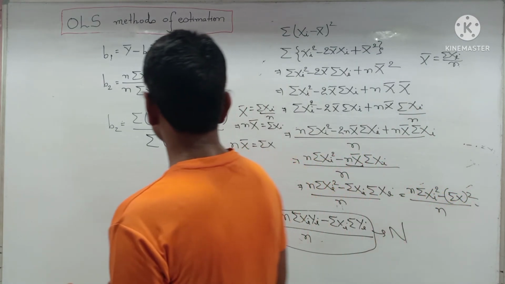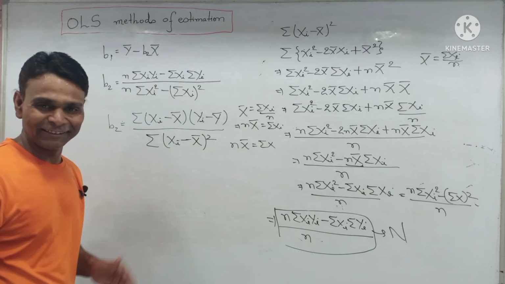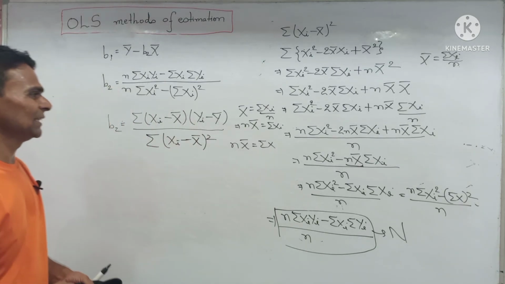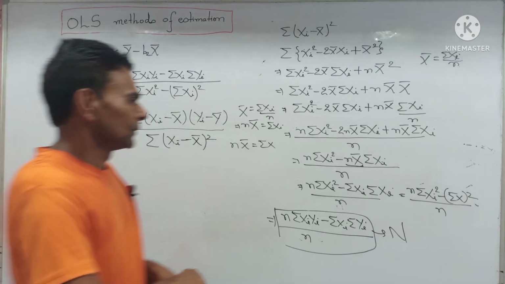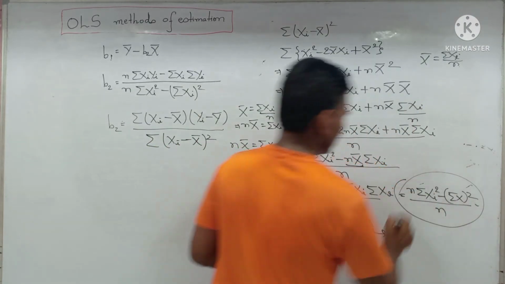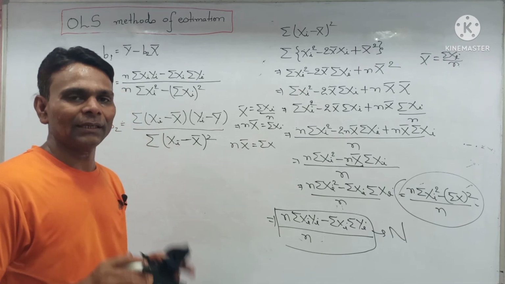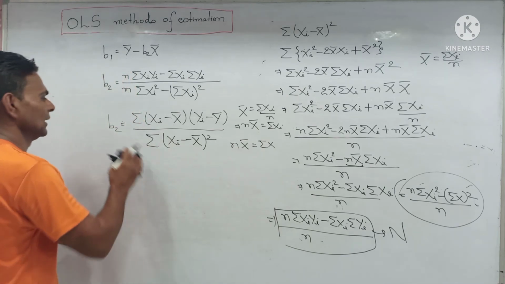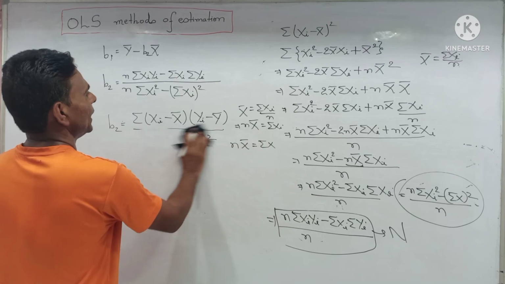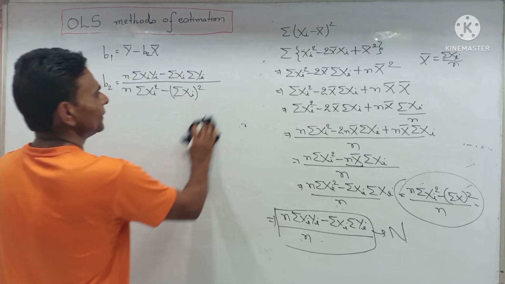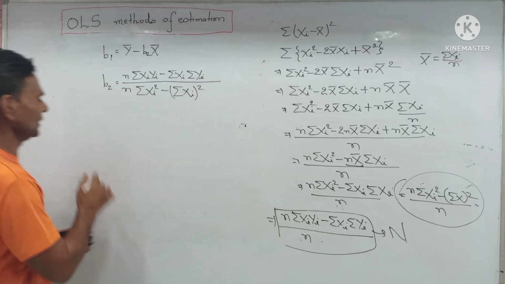And we already have the value of numerator and denominator, and we can easily prove how it becomes the covariance between x and y and the variance of x. Now we have taken the numerator term.